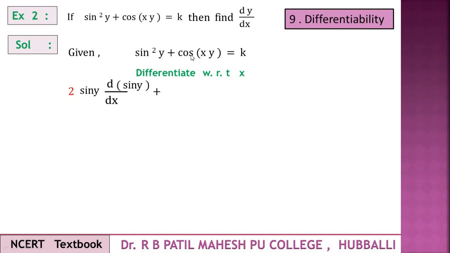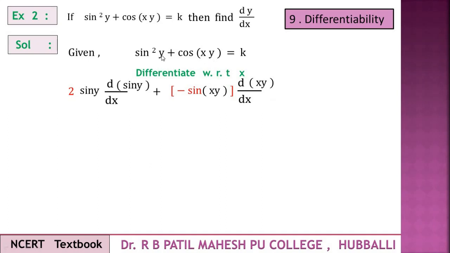So therefore it is a trigonometric composite function. First we write the derivative for cos. The cos function derivative is minus sine, variable as it is, into d by dx of the variable, that is xy. I hope you got it, how to write the cos of xy derivative. First we write the cos function derivative, minus sine, and keep this variable as it is, into the variable derivative.